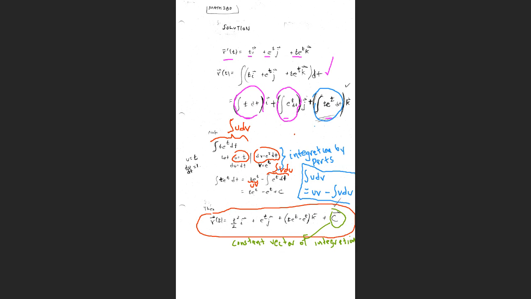Which makes sense because of all the little constants. For this third component, for instance, is t times e to the t minus e to the t plus c times the vector k, right? So maybe I can make this a little more clear.